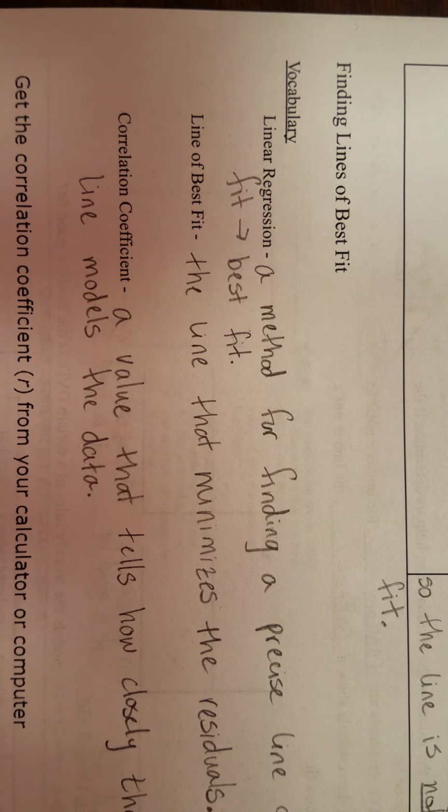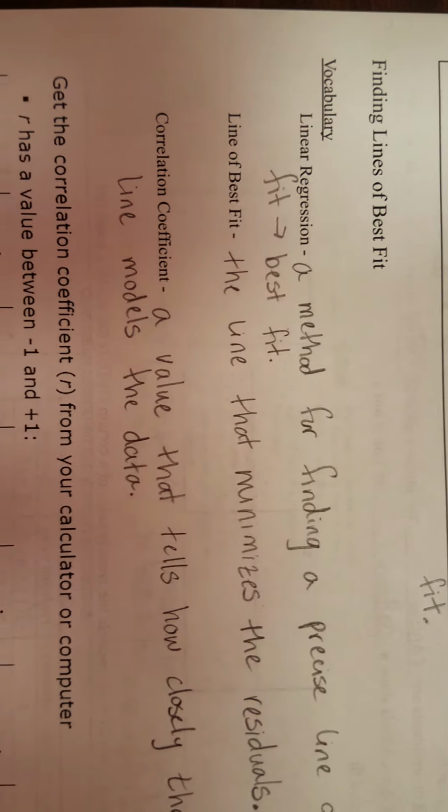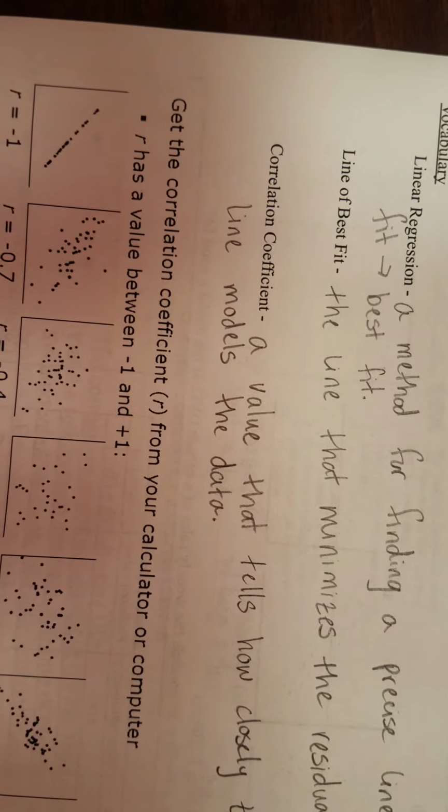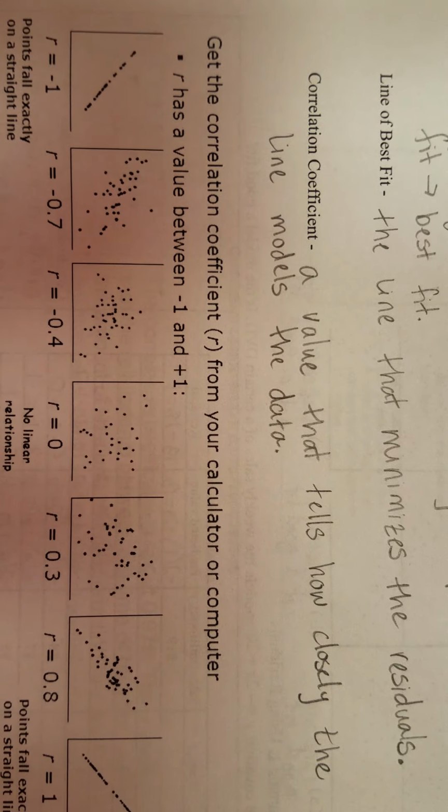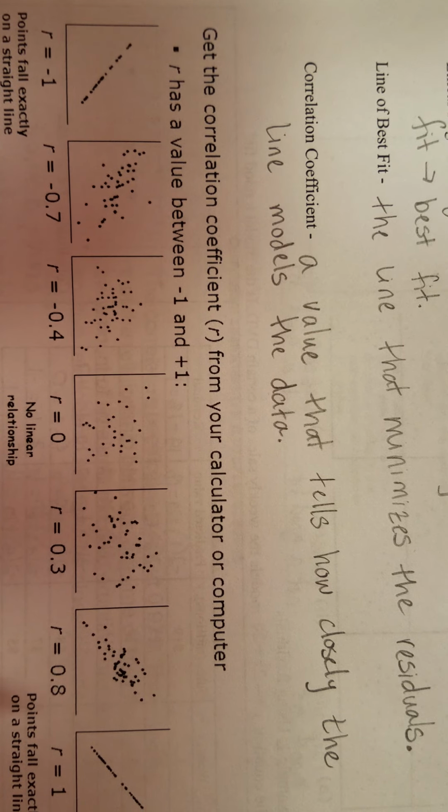Now, the correlation coefficient is going to go between -1 and +1. So if the correlation coefficient is exactly -1, that tells us we have a negative relationship and we have an exactly straight line. Now we keep going, right? We still have a negative relationship.